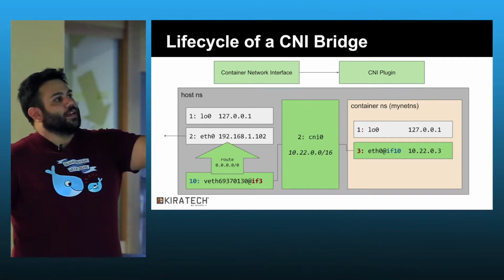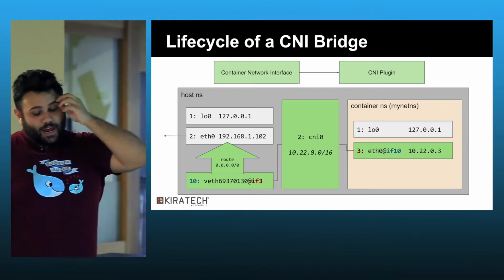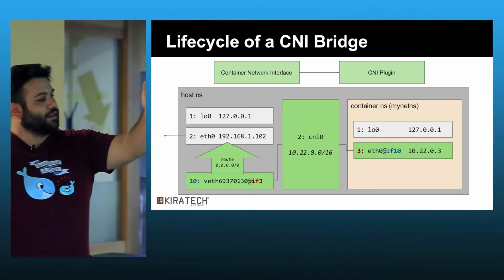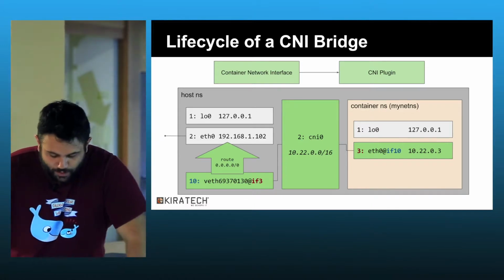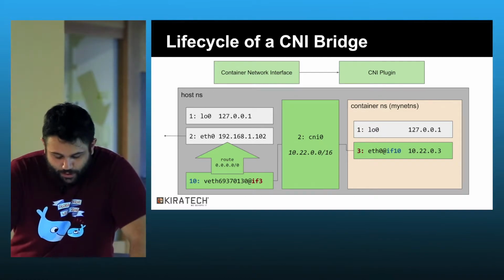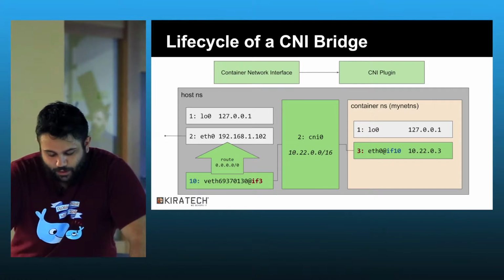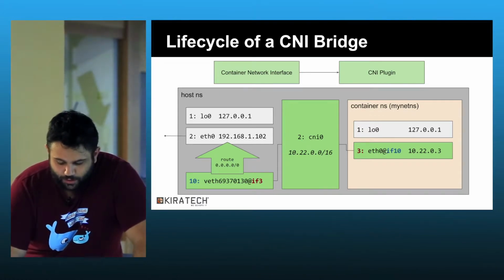After that, the container network interface, called the CNI plugin, does its work. The CNI plugin does a few things: it creates a network interface pair in the container, which is this one, eth0 with its own IP address.